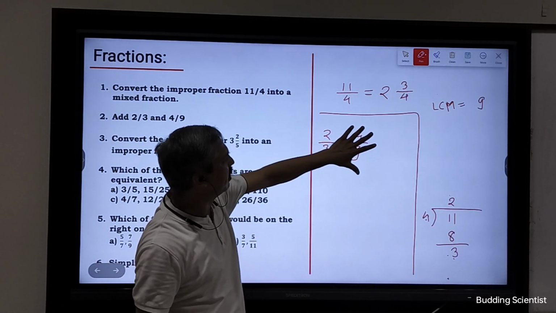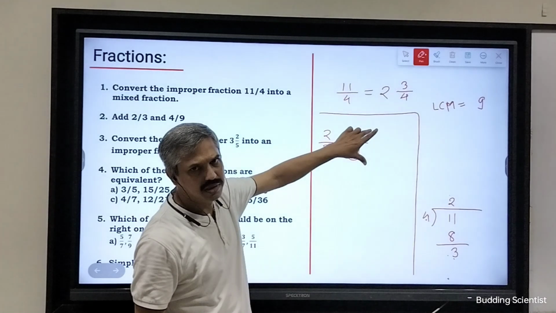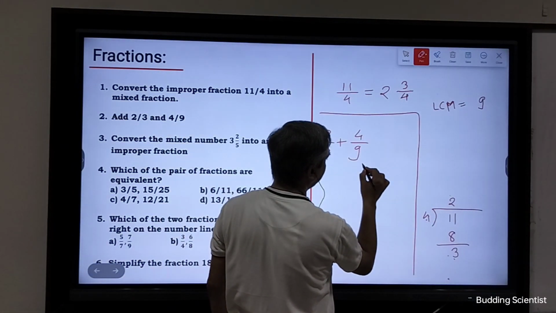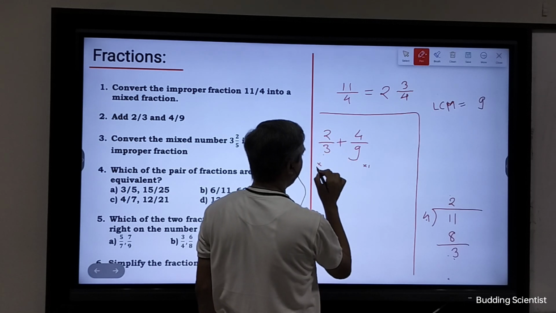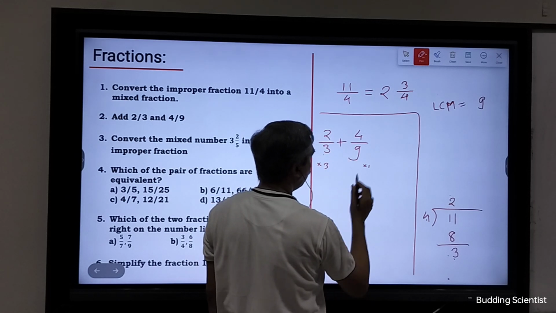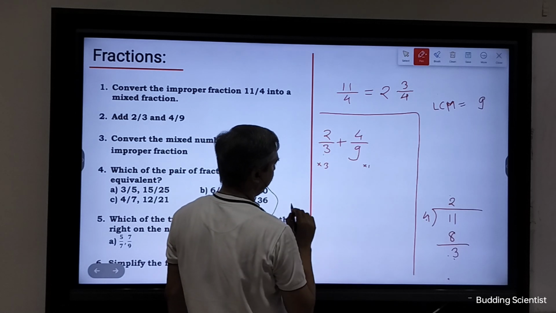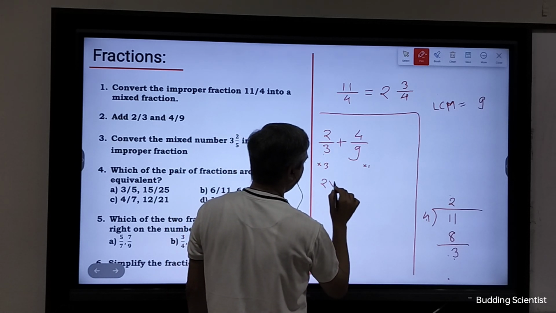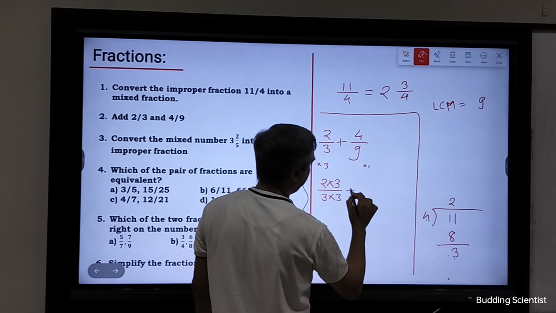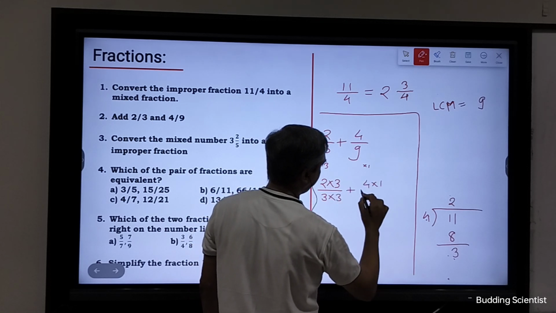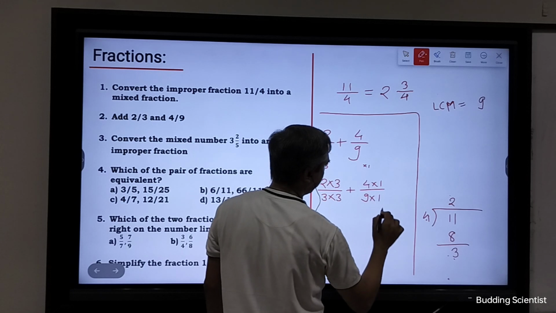This is already available. I don't have to worry about this, so I don't have to multiply this by anything. If at all I have to multiply, I will multiply by 1. I have to multiply this by 3. Only then will I get the denominator equal to 9. So I'll write 2 into 3 upon 3 into 3 plus 4 into 1 upon 9 into 1.